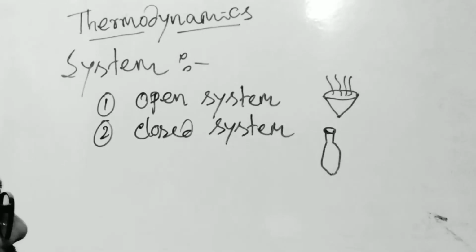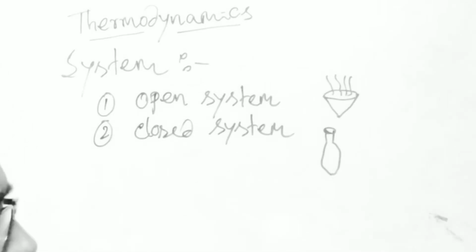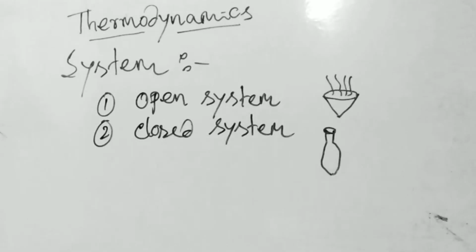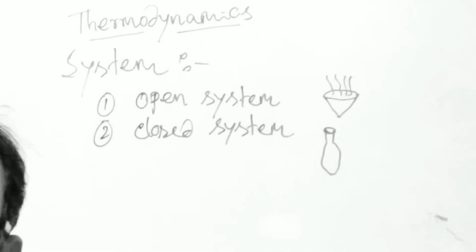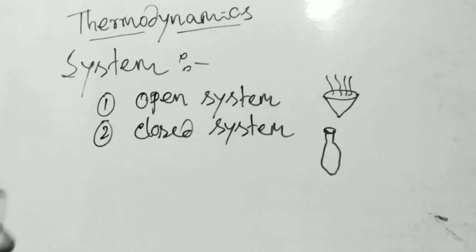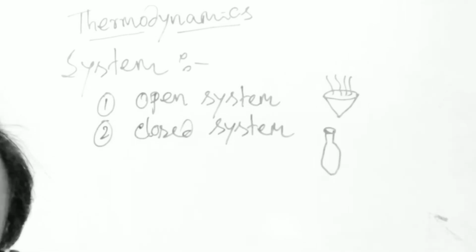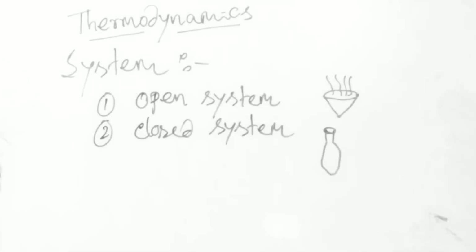But if you keep a bottle of sealed cold drink in open air, then the heat can enter the bottle. Therefore the exchange of energy is possible with the surroundings but not the mass. So in an open system both mass and energy are exchangeable with the surroundings, but in a closed system not mass but the energy is exchangeable with the surroundings.